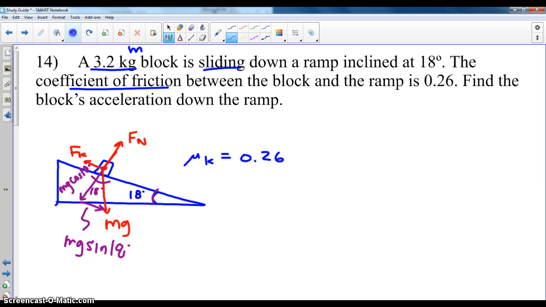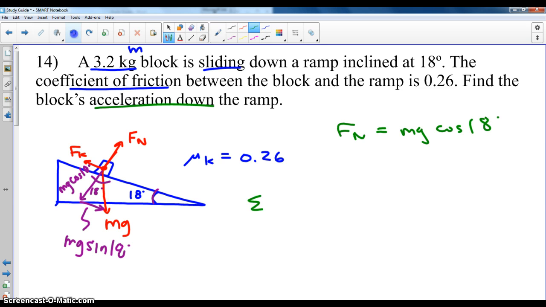We have acceleration down the ramp only. So that tilted y component equals that tilted y component. They balance. If they didn't balance, the block would either be accelerating off the ramp or into the ramp. Neither of those is happening. We accelerate down. Okay then, that means Fn balances mg cosine 18.